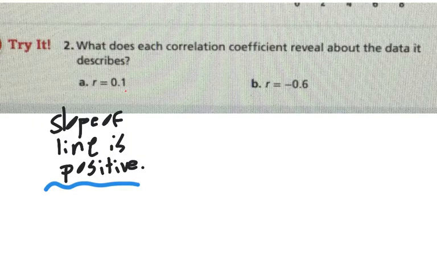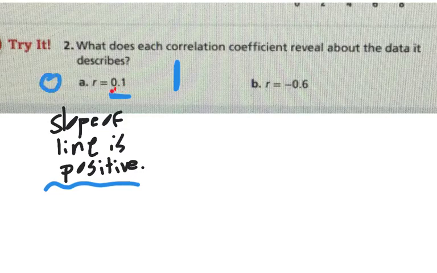Okay, so how do we tell? How do we know if it's close to a line or very spread out and sporadic? The number. What makes it close to a line? If it's close to 1. What makes it sporadic? If it's close to 0.